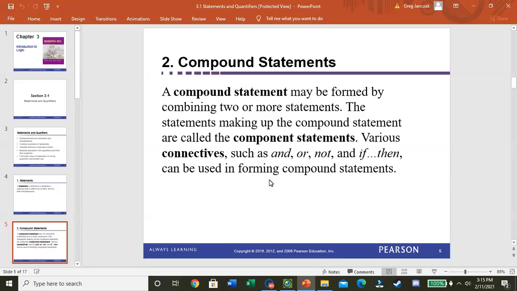Okay, a compound statement may be formed by combining two or more statements, and they're connected by and, or, not, if-then statements. So let's go to the board.